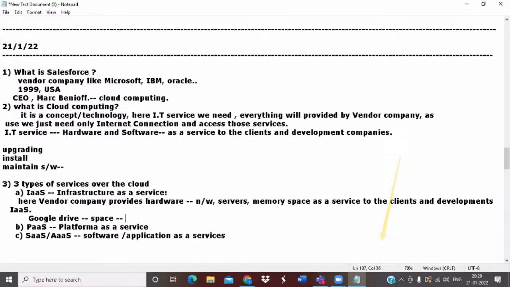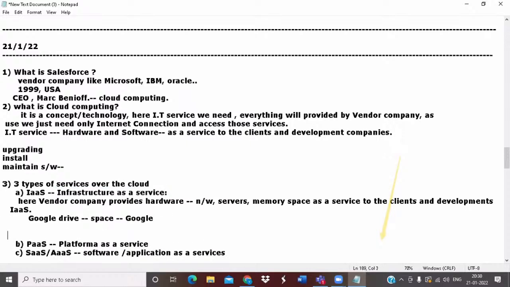The company called Google. Google provides its memory space as a service to all of us, where we can store our information and upload our files, pictures, video, audio clippings, everything. Yes or no? So yes, we are using Google's memory space as a service. This kind of service, we call infrastructure as a service, IAAS. I hope you understand this example clearly. Yes or no? Yes, sir.